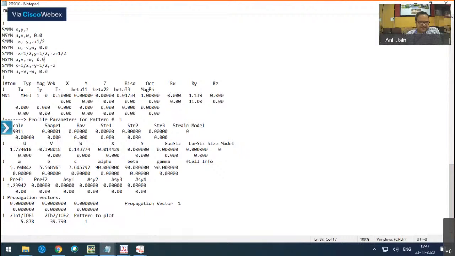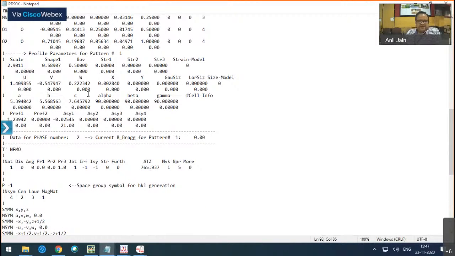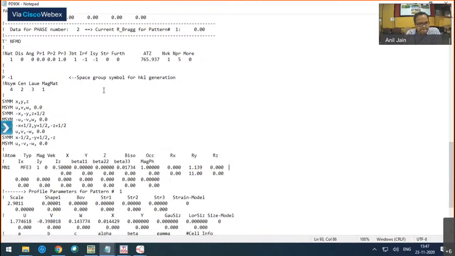Now the advantage is that you can directly put the value of the moment with respect to your crystallographic axes. And please note that when you are refining this magnetic structure, you can keep your scale factor fixed once you have defined your data in the paramagnetic phase.